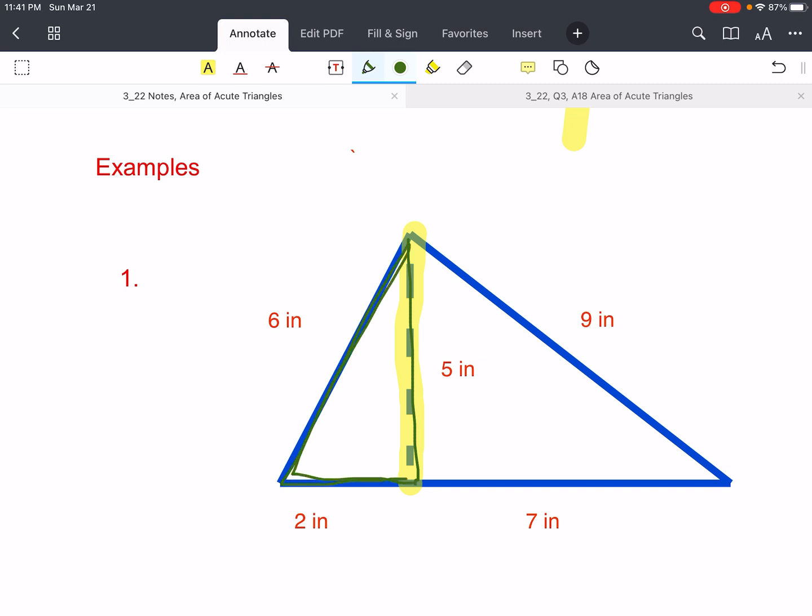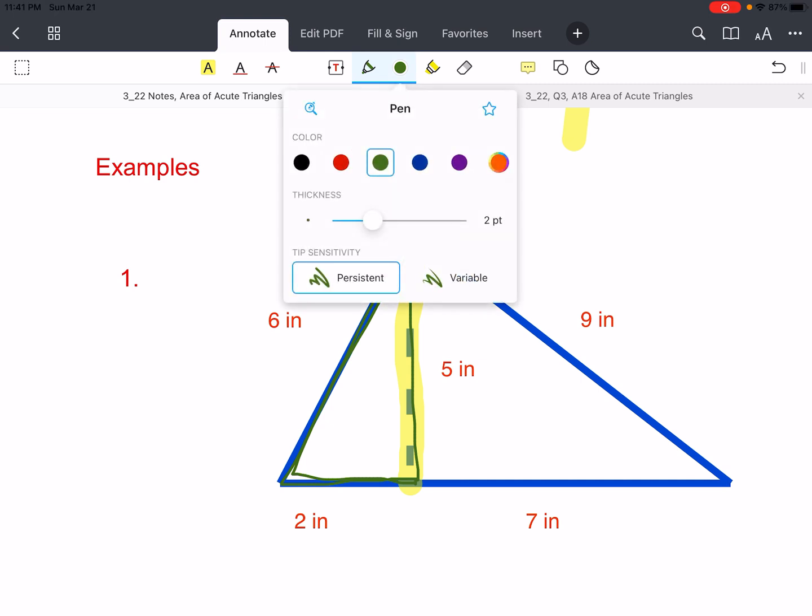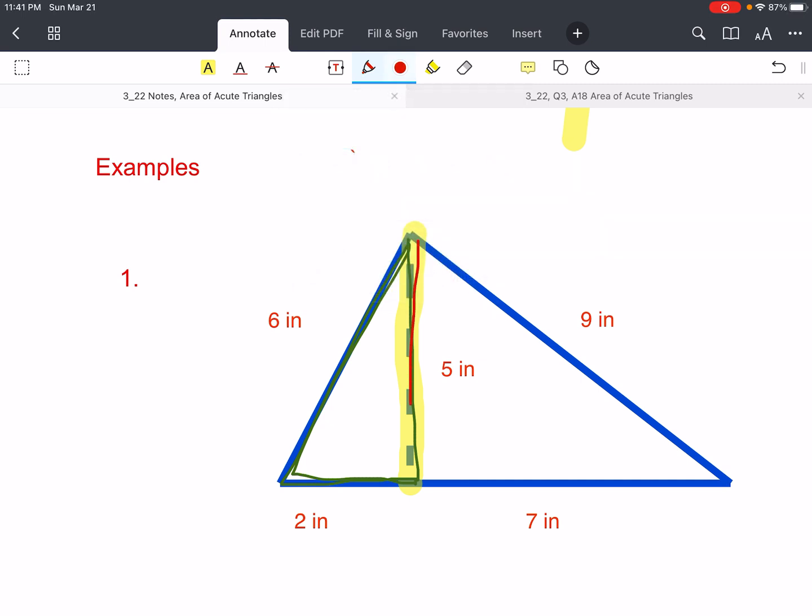That would be one right triangle. And we would have a triangle here. This would be our second right triangle. And what we can do is find the area of both of those triangles and then add them up.